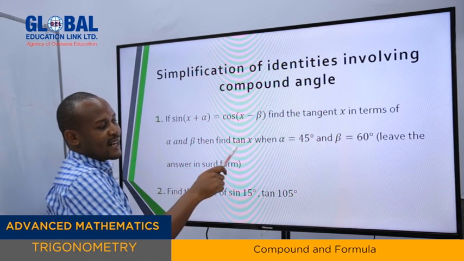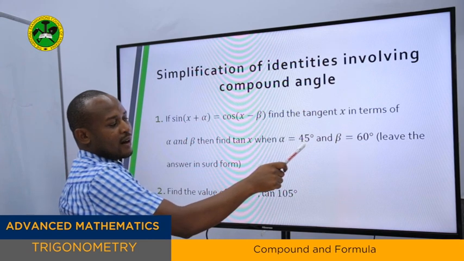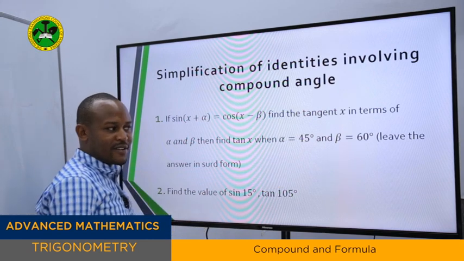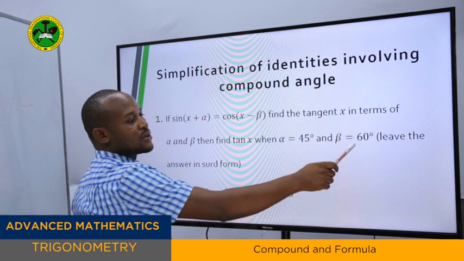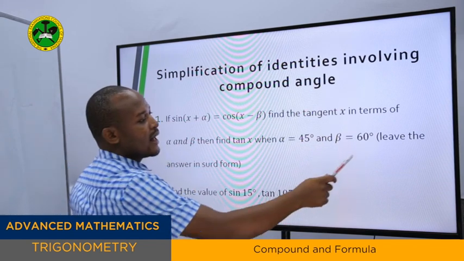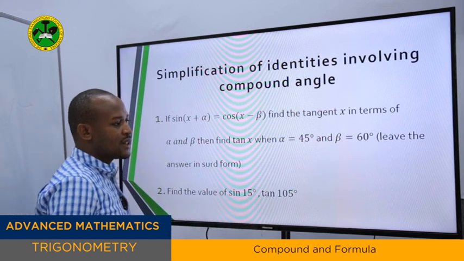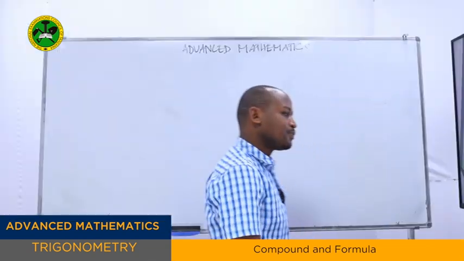Then find tan x where alpha is equal to 45 degrees and beta is equal to 60 degrees. And we have a hint there. We are told to leave your answer in surd form. We shall see what surd form is.